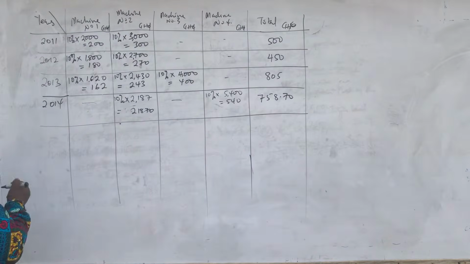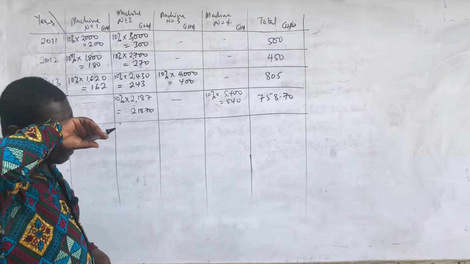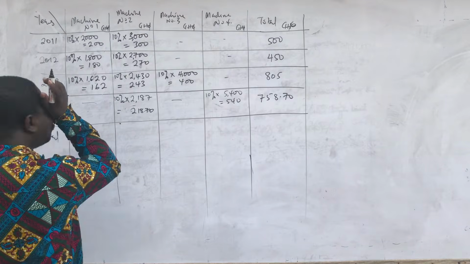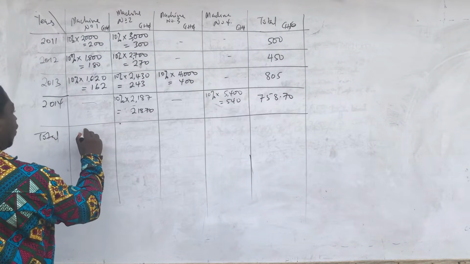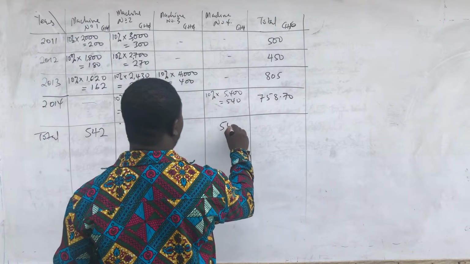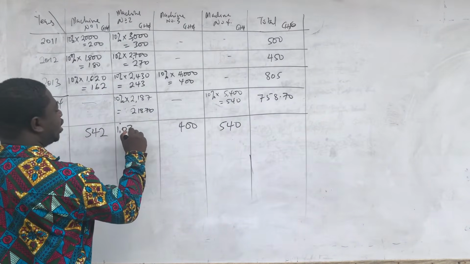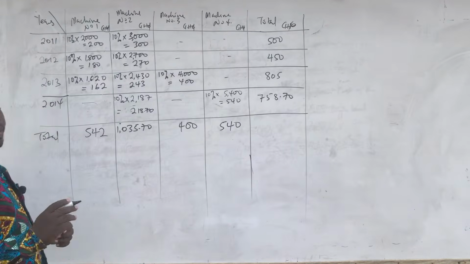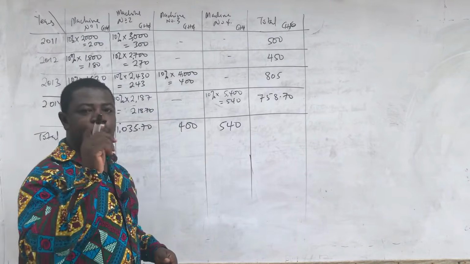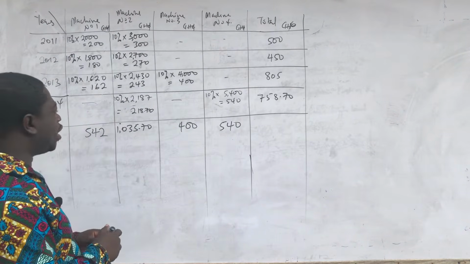And therefore our total, we can also total the accumulated depreciation for each asset. All right, so the total for machine number 1 will be 542. The total for number 4 will be 540, 400 for number 3. So the total here is 1035.70. But mind you, the reason why we do the accumulated depreciation totals is for the purpose of their disposal, and therefore it is only those assets which were sold that we may need.